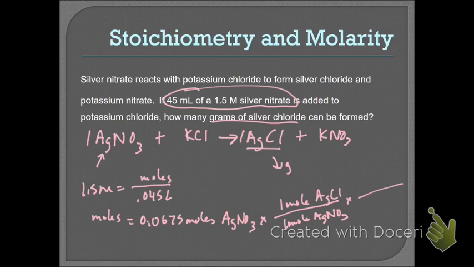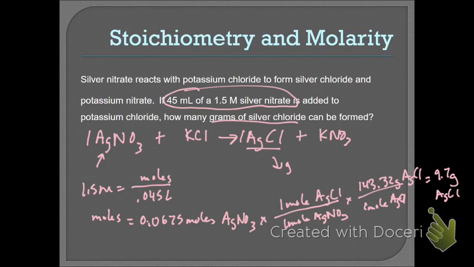I'm going to use the molar mass of AgCl, 107.87 plus 35.45, which is 143.32 grams of AgCl, times 0.0675. So my final answer is going to be, to 2 sig figs, 9.7 grams of AgCl.